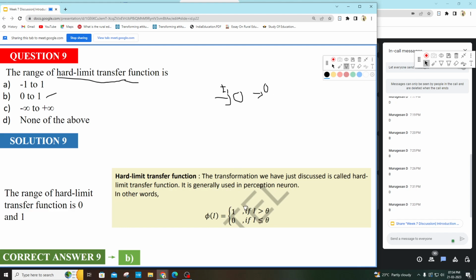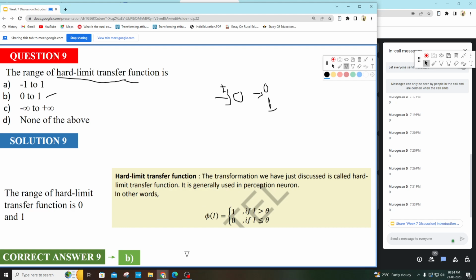And when your I1 is greater than this theta, your output will be 1. So this type of function is known as the hard limit transfer function, with range 0 and 1. I hope this is clear.